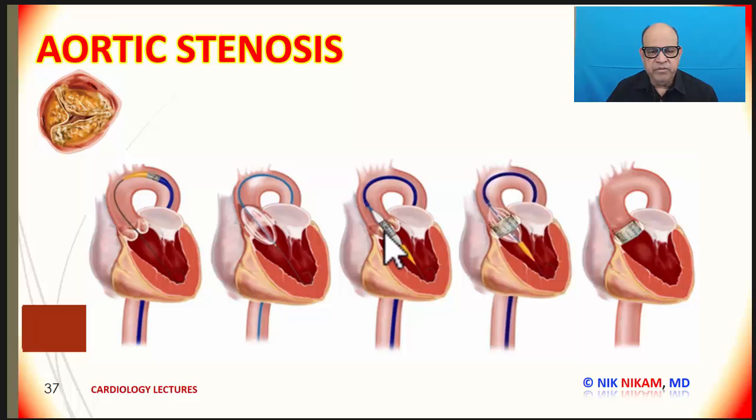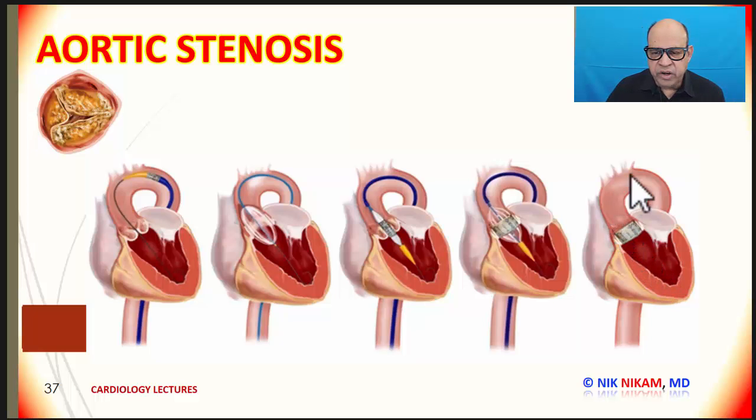After the balloon is inflated and the aortic valve opening is increased, a prosthetic aortic valve is advanced through this catheter and placed in position. And once the prosthetic valve is in place, it is expanded, which plasters along this stenotic valve, and it acts like the new valve in place of the critically stenotic aortic valve.